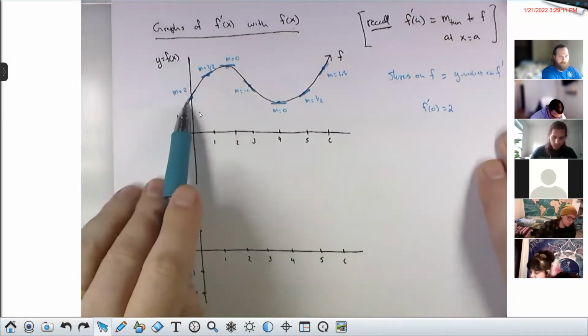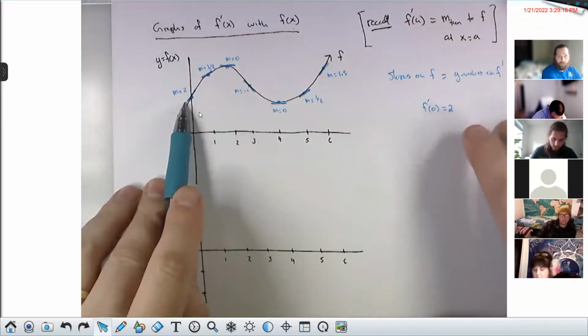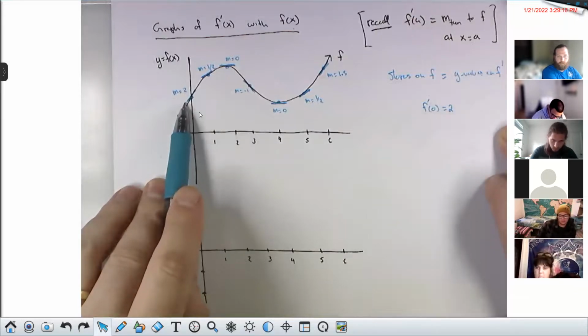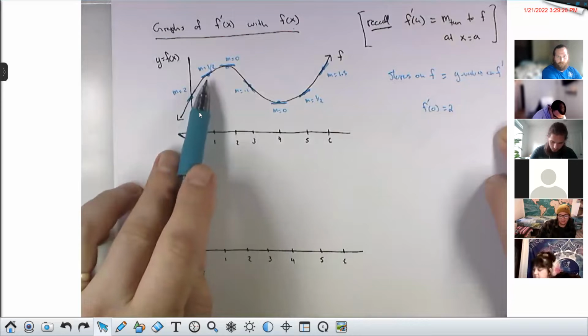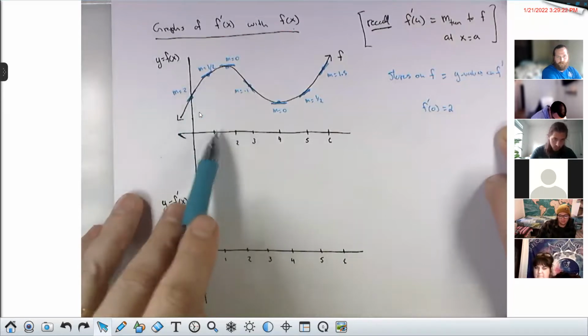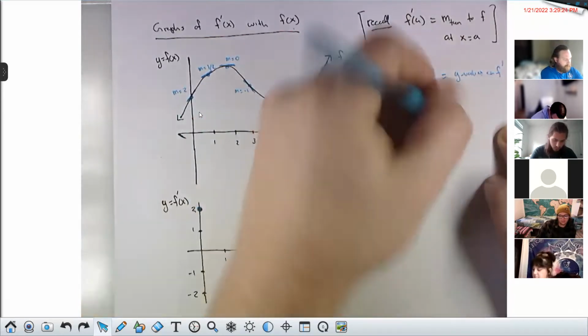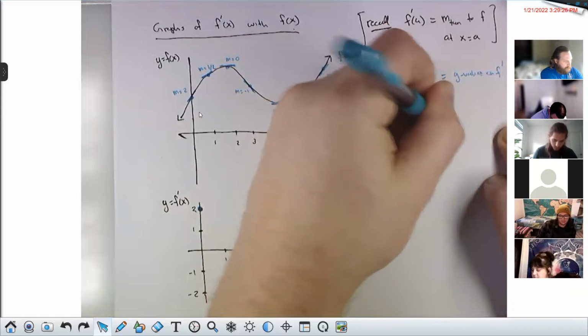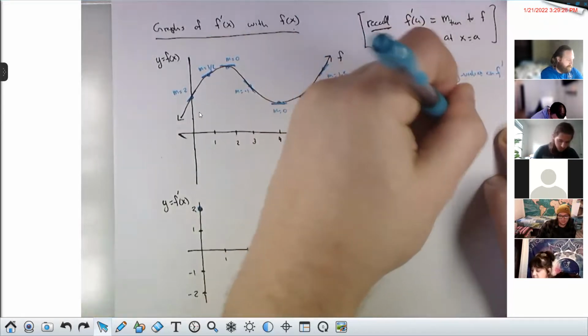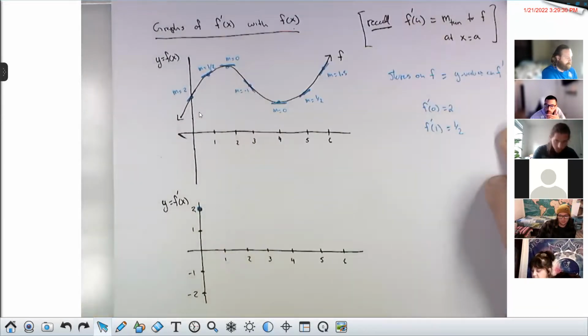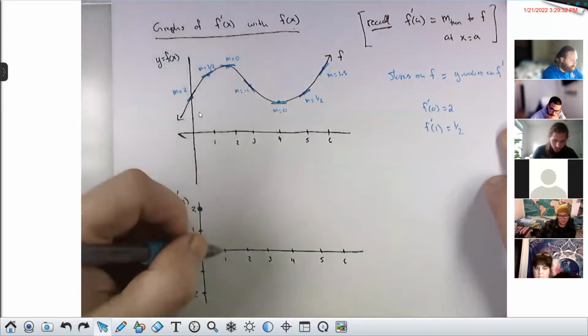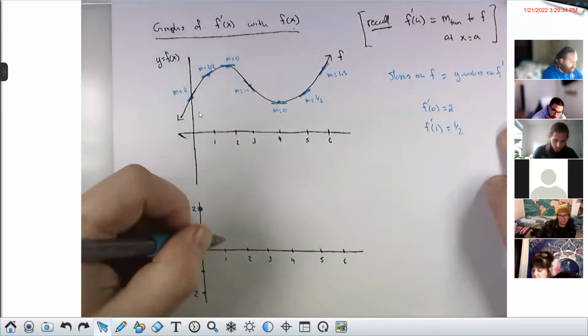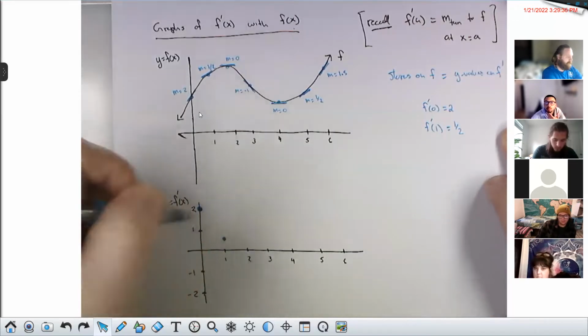This little tangent slope here that I'm approximating is about 2, which would mean f prime of 0 is 2. This little tangent segment with slope 1/2 is at x value 1. So that would mean that f prime of 1 should be 1/2 or 0.5. So when x is equal to 1, the y value on the graph of f prime should be about 0.5.